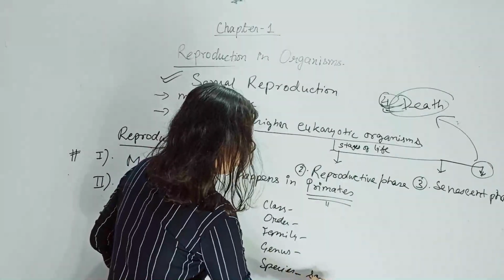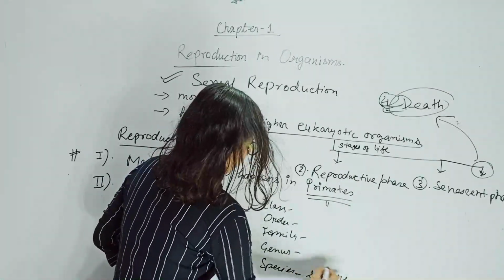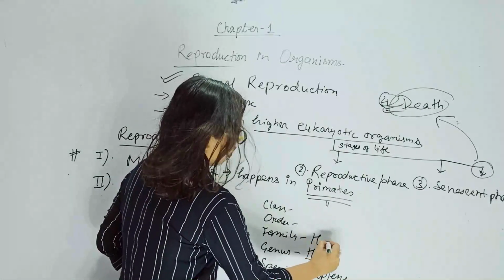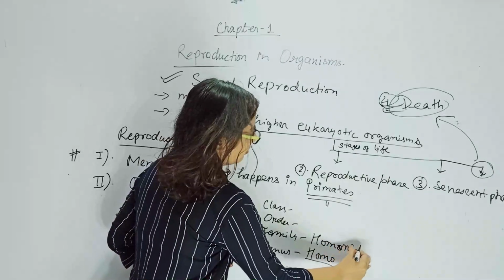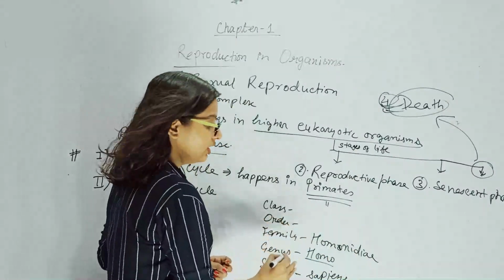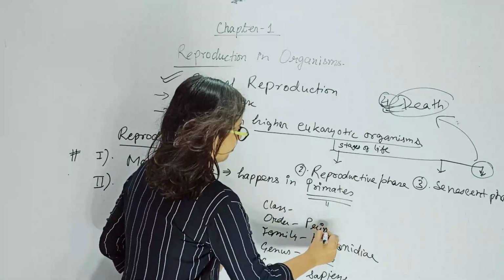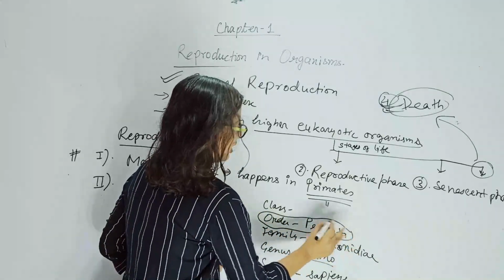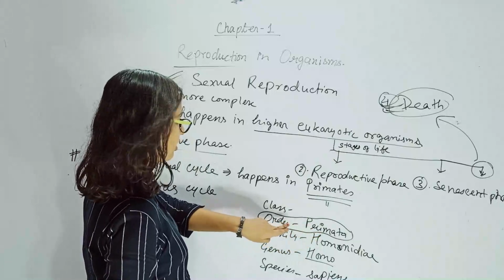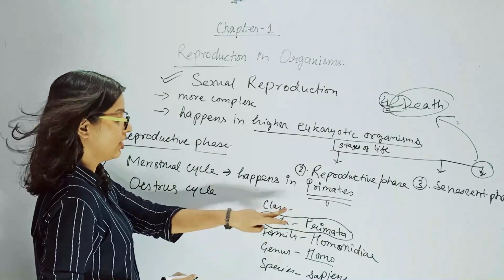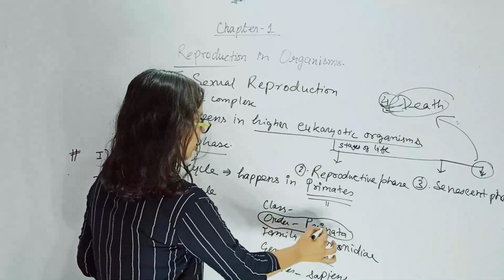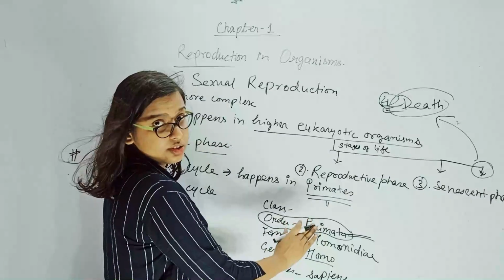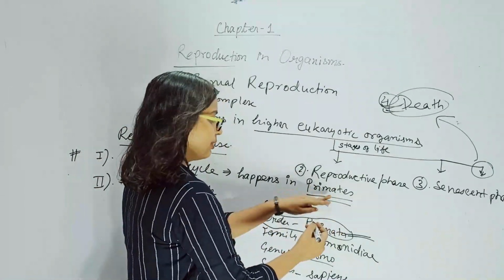Species is sapiens, genus is Homo, family is Hominidae, and order is Primata. So order Primata is one of the taxa in the classification of higher eukaryotes. Whichever animals belong to this order will be called primates.